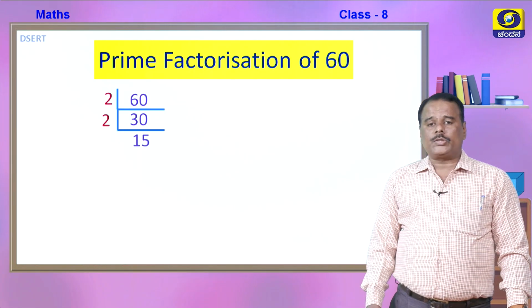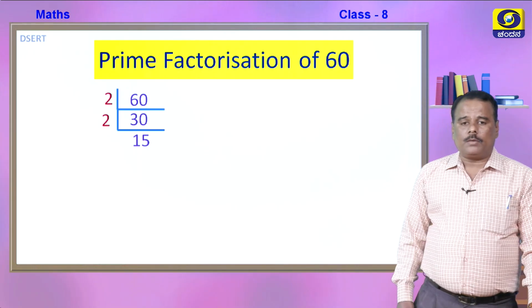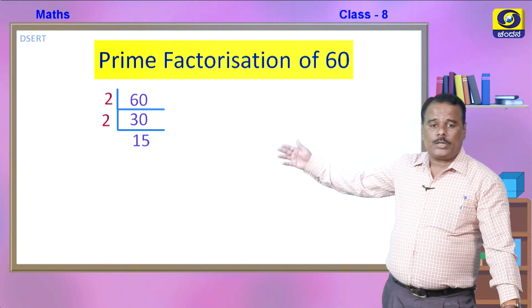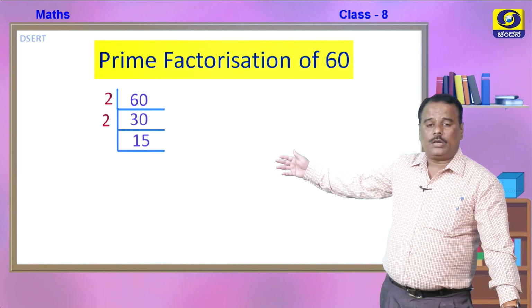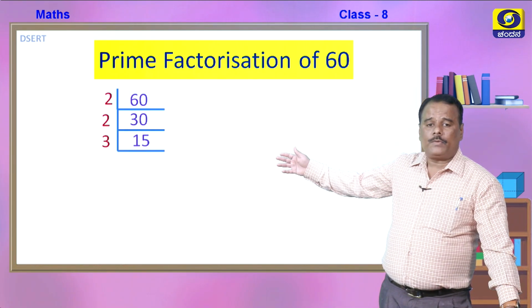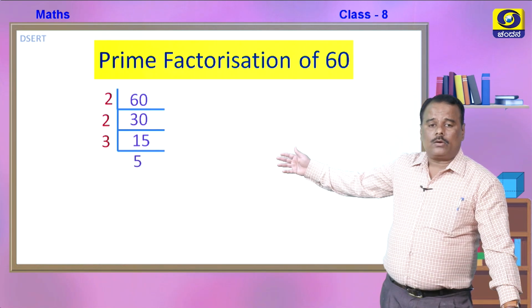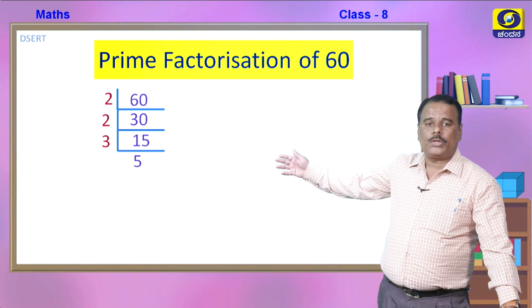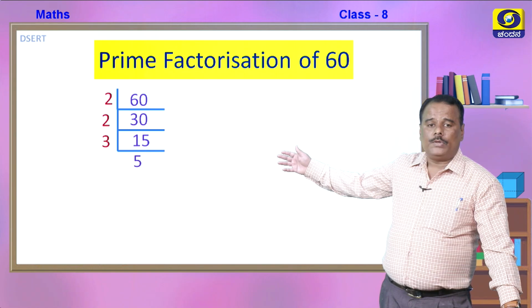But this time 15 is not even, that means it cannot be divided by 2. So, go to the next prime number, which is 3. When we divide 15 by 3, we get the quotient 5. Now, as you know, 5 cannot be divided by 3, therefore, we will move to the next prime number, which is 5.